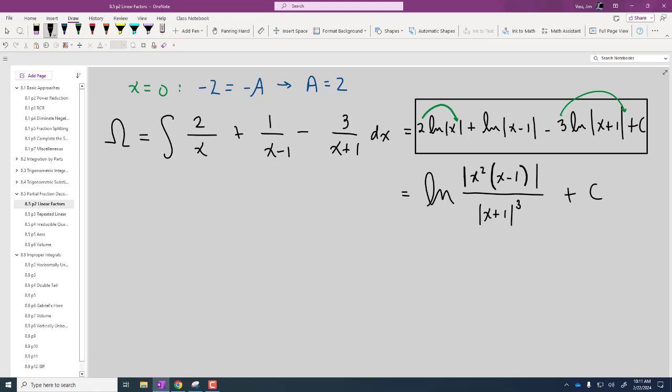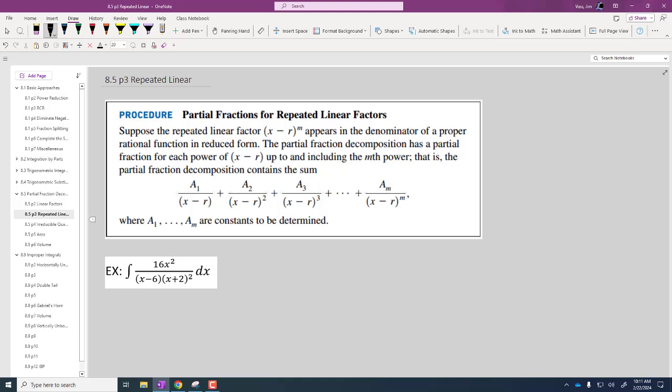All right, so we'll slowly ratchet up the complexity of the denominators. So right now our denominators have all been linear factors, and they've all been raised to the first power. So the next level of complexity, what if we have a repeated linear factor?